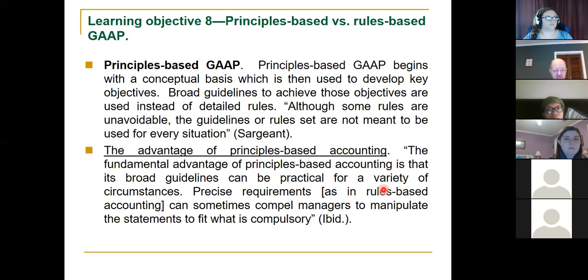Precise requirements, as in rules-based accounting, can sometimes compel managers to manipulate the statements to fit what is compulsory. Let me give you an illustration of something that I encounter. It's not accounting, but it might communicate the idea. You all know that we have adjunct instructors at Belhaven. I think you are all taking forensic accounting right now with David Prey, who's an adjunct.